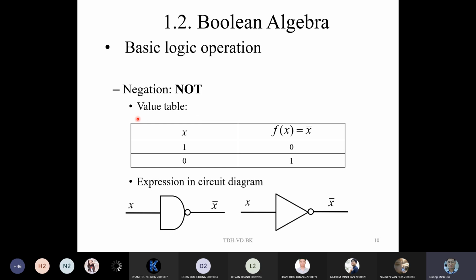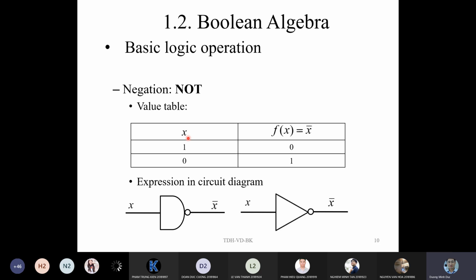So we list a value table. If x is a logical variable, then x can only acquire two values, 1 or 0.